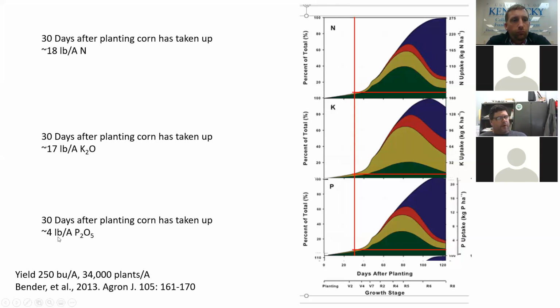Once you convert from kilograms per hectare to pounds per acre, and then from P to P2O5, 30 days after planting, roughly only about 4 pounds of P2O5 are taken up by that corn plant. About 17 pounds of K2O and 18 pounds or so of nitrogen. So 1 month out, not a whole lot of nutrients have been taken up. So that's where we can get by with our low rates of starter fertilizers.